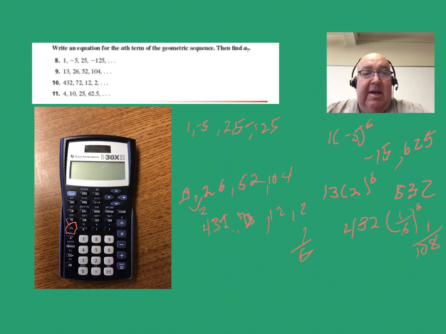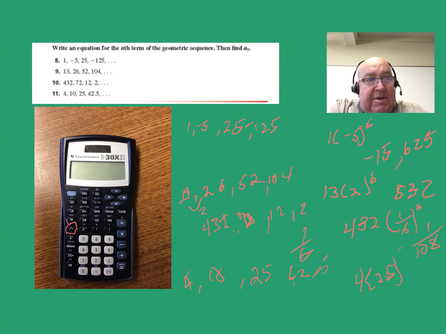And finally, our last one, 4, 10, 25, 62.5. It's multiplying this by 2.5. So I'll have 4 times 2.5 to the 6th power.